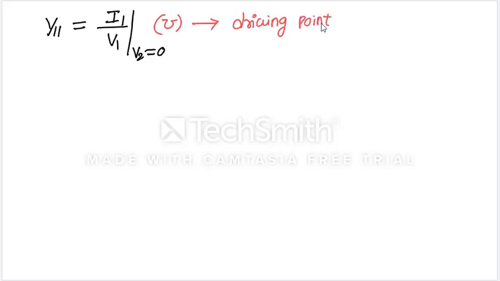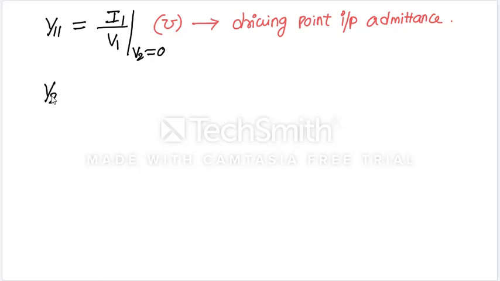Port 1 we call input and the second port output. So this is current by voltage, admittance: the driving point input admittance.